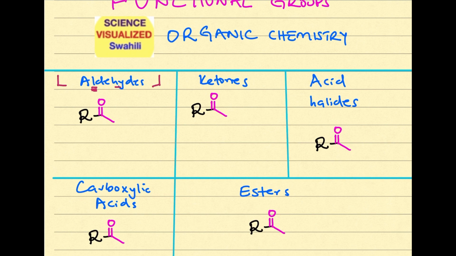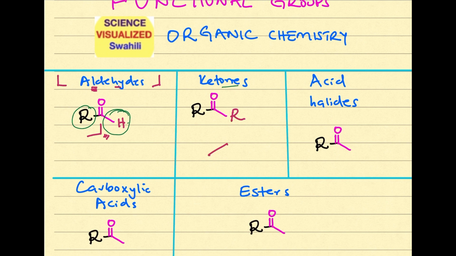In this case, this will look like an L facing backward because we ignore this other position because we have a hydrogen there. So that's an aldehyde. In aldehydes, this position has an oxygen just next to the carbonyl. You have one R group and a hydrogen on this position. A ketone is very similar to an aldehyde, but now instead of a hydrogen, you have another alkyl group.